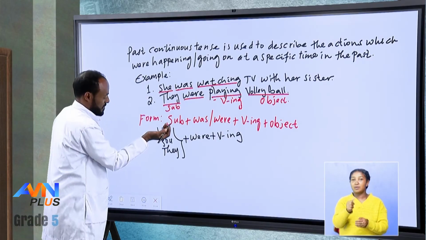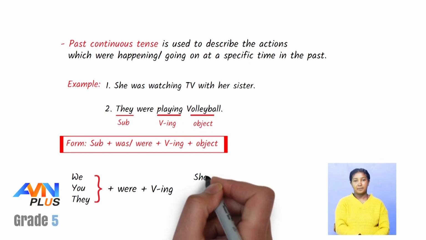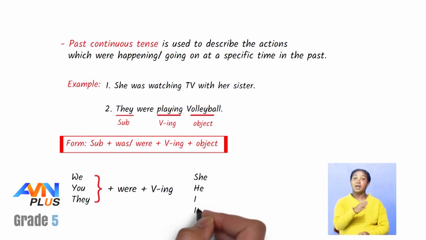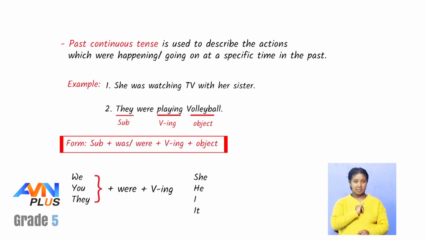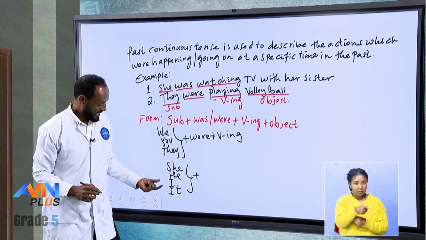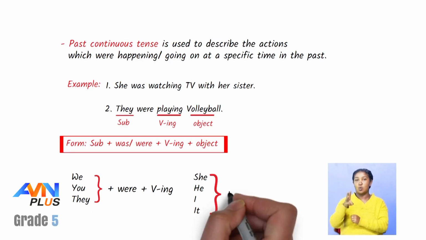What about if it is singular? Just like she, he, and I, and also we can say here it. What if the subject is she, he, I, and it? It should be followed with was.